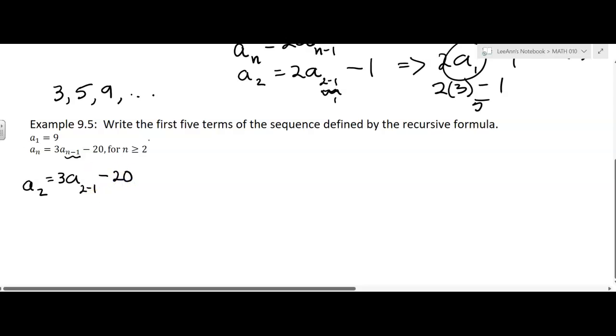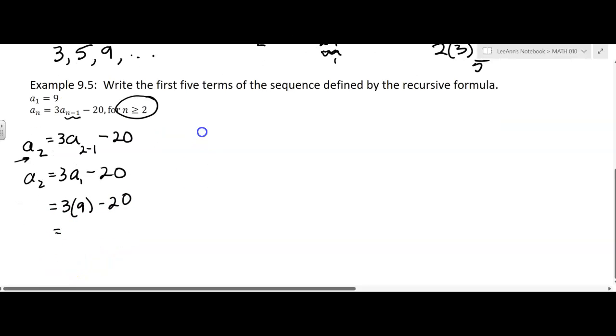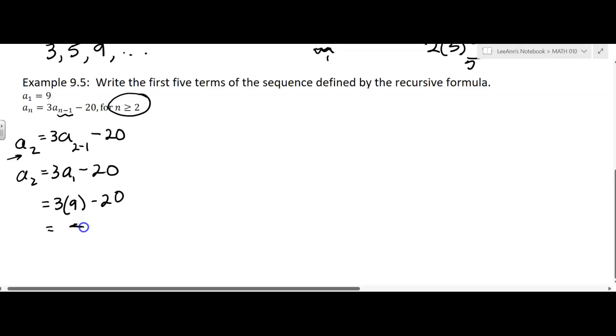We're allowed to use this formula if n is greater than or equal to 2, and n is 2 right now, so it's all good. So a sub 2 is going to equal 3 times a sub 1 minus 20. But we know a sub 1, it's 9. And so 27 minus 20 is just going to be 7. And so a sub 2 is 7.